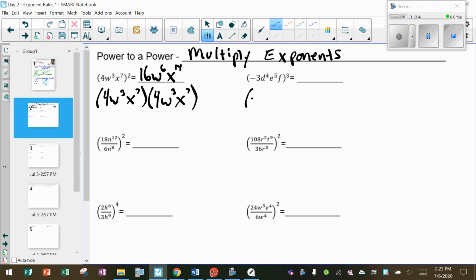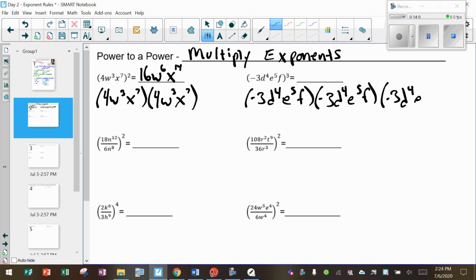Technically here, I would have 3 of the same parentheses. Negative 3 d to the 4th e to the 5th f, and another one, negative 3 d to the 4th e to the 5th f, and another one, negative 3 d to the 4th e to the 5th f. So I have to do negative 3 times negative 3 times another negative 3.